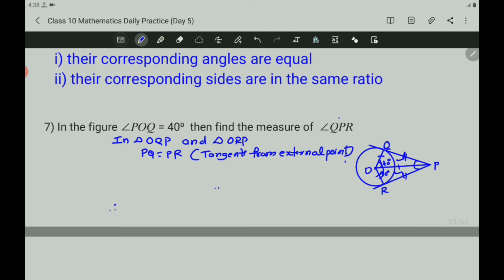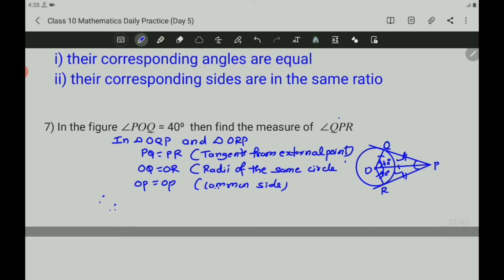And you write OQ equals OR, radii of the same circle, and you write OP equals OP, common side. Therefore you can write triangle OQP is congruent to triangle ORP according to which congruence rule? According to the SSS congruence rule.